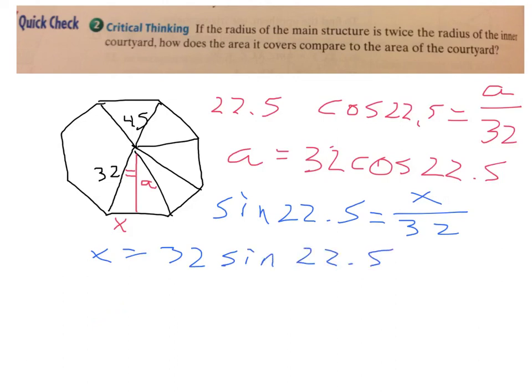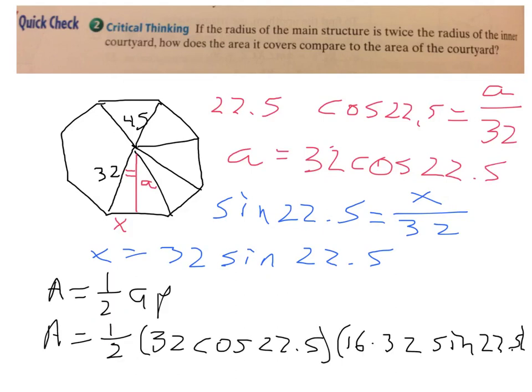Now remember, we've got to multiply x by 16 to get the perimeter. So the area is going to equal 1/2 the apothem, which is 32 times the cosine of 22.5, times the perimeter, which is 16 times x, which is 32 times the sine of 22.5. Please plug this into your calculator and see what you get. Hopefully you got approximately 2,896.